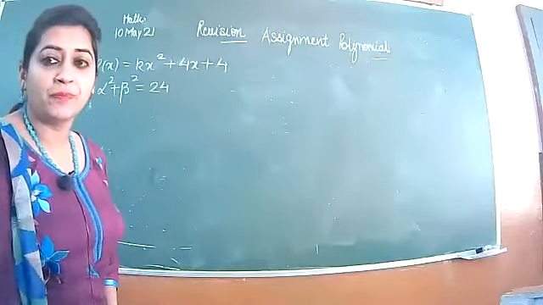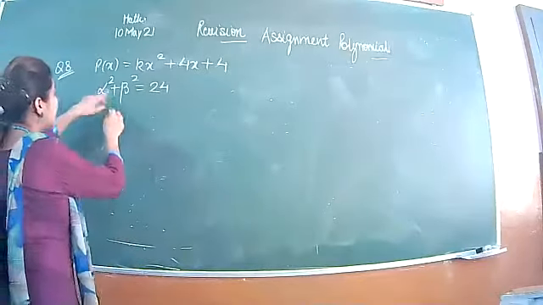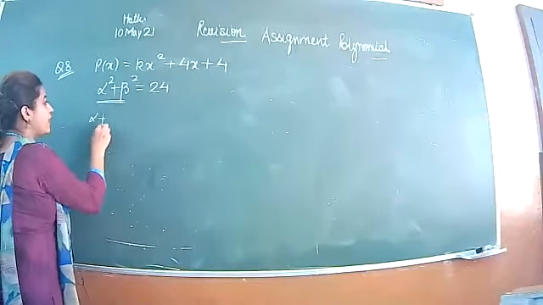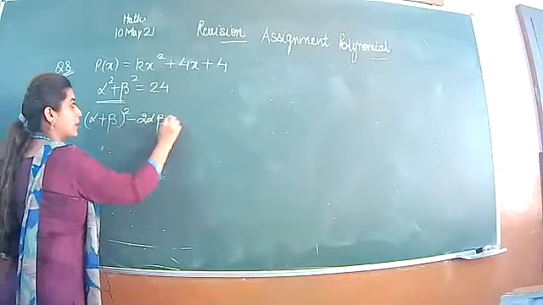So what you will do, you will solve the given second relation. Can I write this relation as alpha plus beta whole square minus 2 alpha beta?